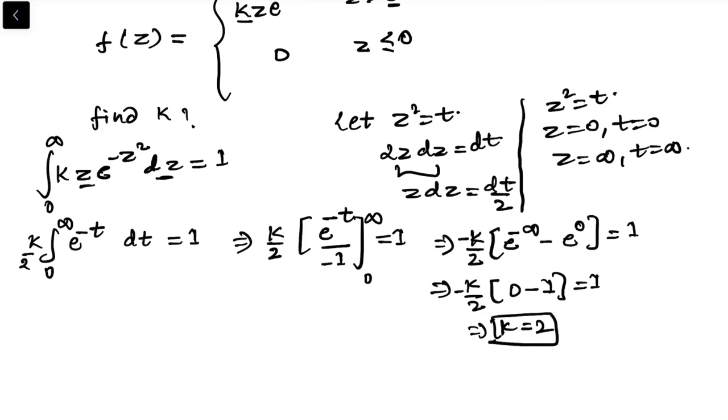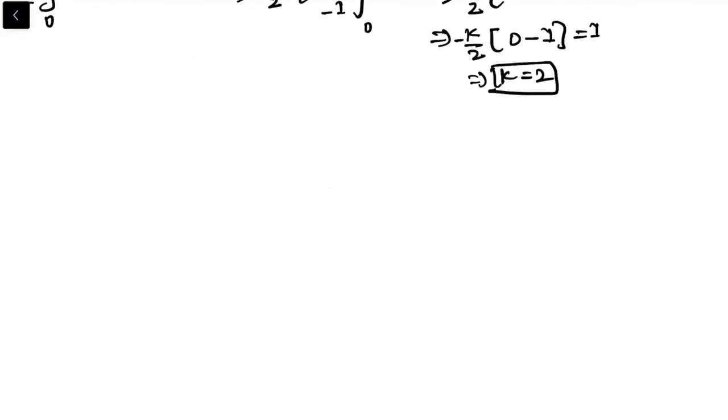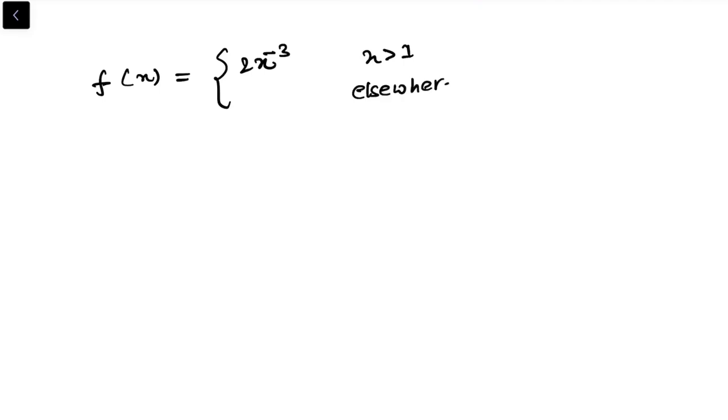Okay. Now let's move on to the next question. In this question you are given the PDF. So when x is greater than 1, PDF is 2x to the power minus 3, and elsewhere this is 0.